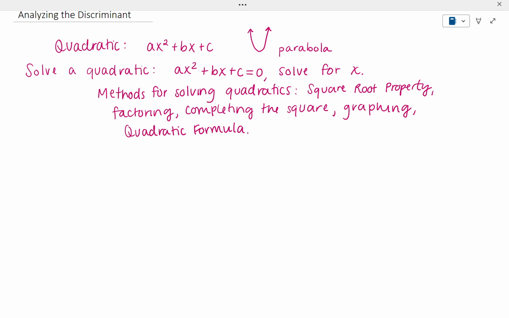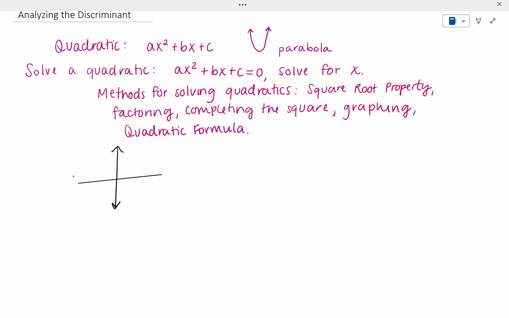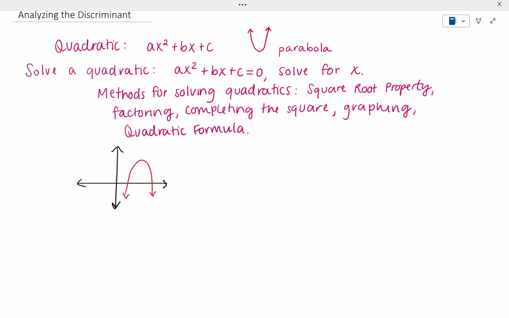And briefly, just to go over, when we're finding x, what does this mean graphically? So if we have the xy axis, or the xy plane, and we graph a random parabola, when we're solving for x, we're finding where the parabola intersects the x-axis.